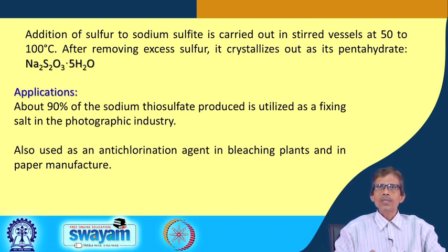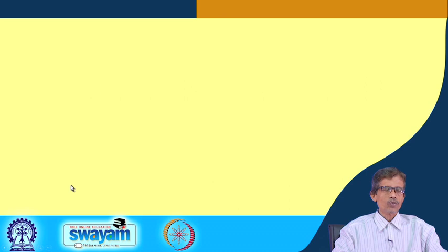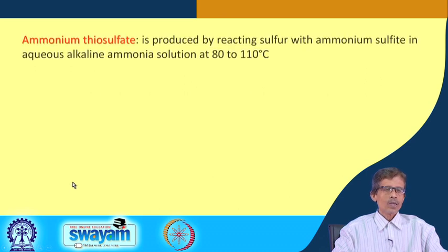So, that information is always useful whether the photographic industry of that type is still present or not. And also, as in the previous cases, it is used as a useful reagent for anti-chlorination, in bleaching plants, and in paper manufacture. In the paper industry it is a bleaching agent and also a very useful reducing agent.